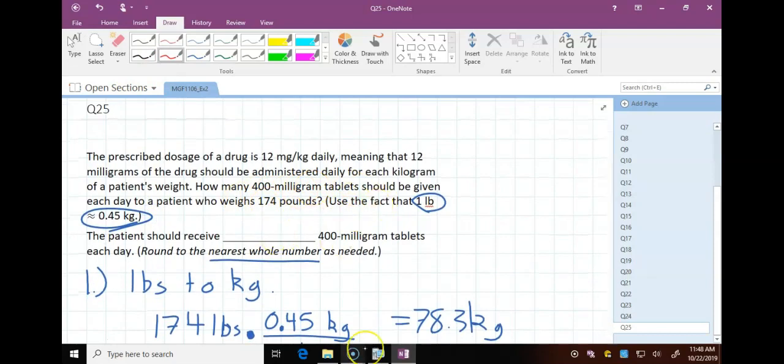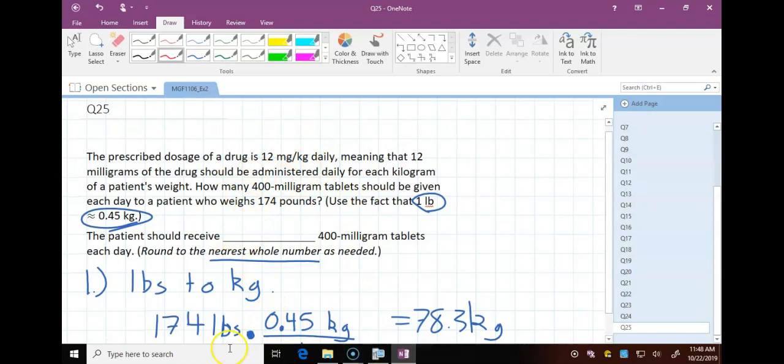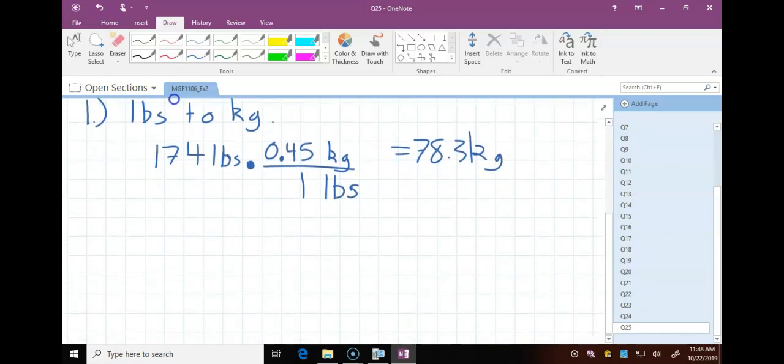Now, up here, with that first sentence, because I know many of you will want to work with the 400 milligram tablets, but we can't deal with that yet. We need this first sentence to help us out, because we got to give our patient 12 milligrams of our drug for every kilogram that person weighs. So the second step now is we need to know how many milligrams this patient needs.